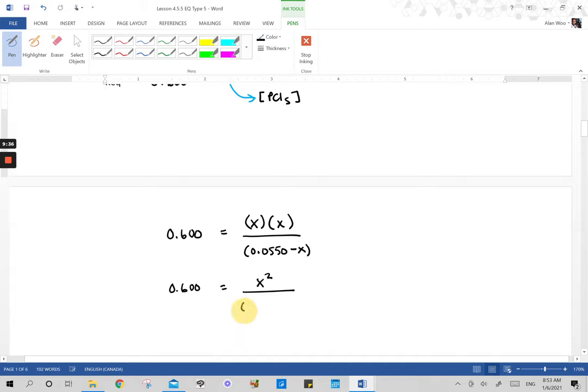But the problem is, in our denominator, we don't have a square. This is basically by itself. So what this means is you cannot take the square root.